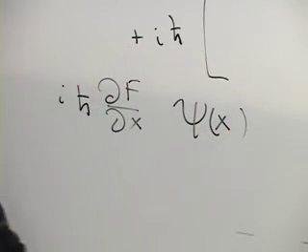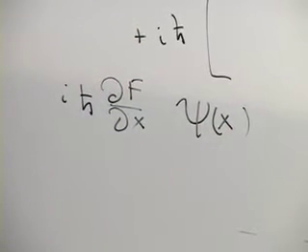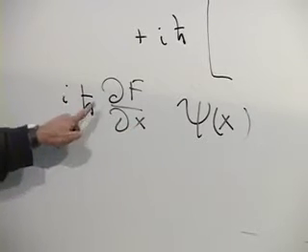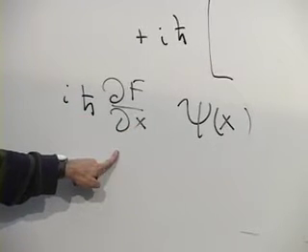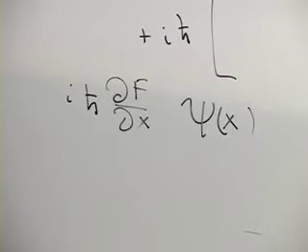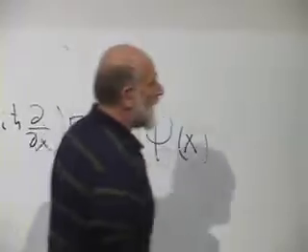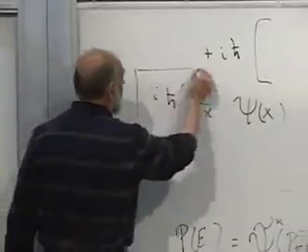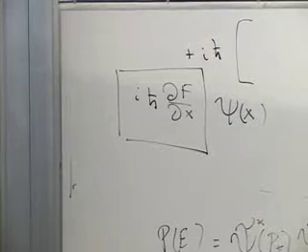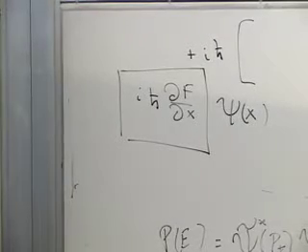Here's what we learned. We learned that taking this complicated commutator and applying it to any psi of x is the same thing as multiplying psi of x by I h bar df by dx. We can now write, very simply, that the commutator as an operator is just equal to multiplication by I h bar df by dx.